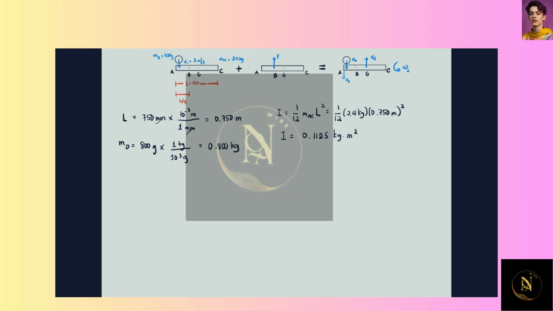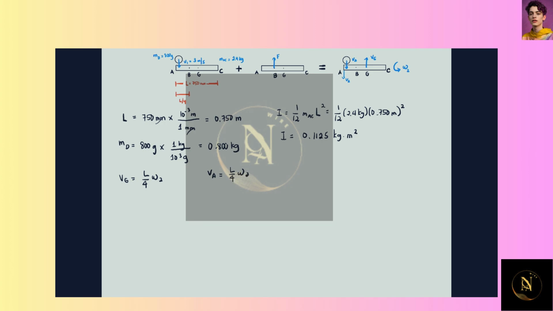So Vg would be equal to L over 4 omega 2, because as you can see in the sketch, point B is the point of rotation and G is at a distance of L over 4 away from point B. Because A to G is L over 2, so B to G is L over 4. The same thing with VA. So VA is also equal to L over 4 omega 2.